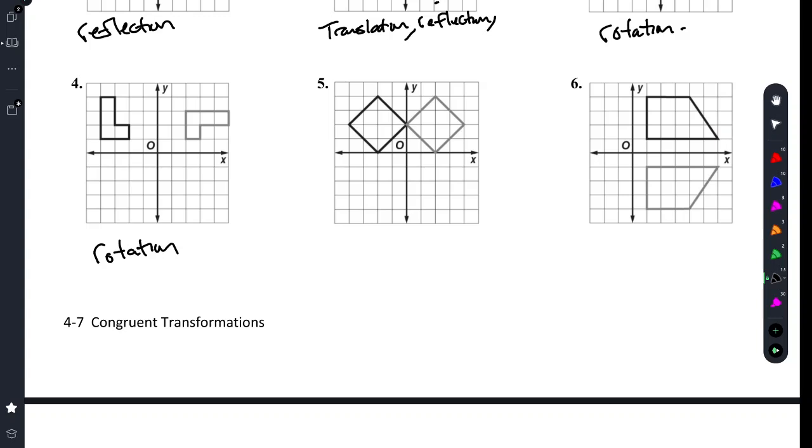5, let's give some order. Translation for sure, just slide it right over, right? Rotation? Yes. If you rotate at 180 degrees, that would not make itself, right? Or 90 degrees even. Rotate that 90 degrees, it would end up, 180 would end up down here. So 90 would make it there.